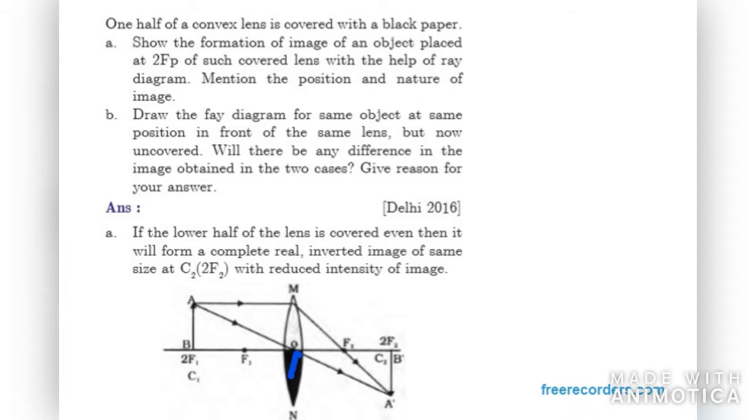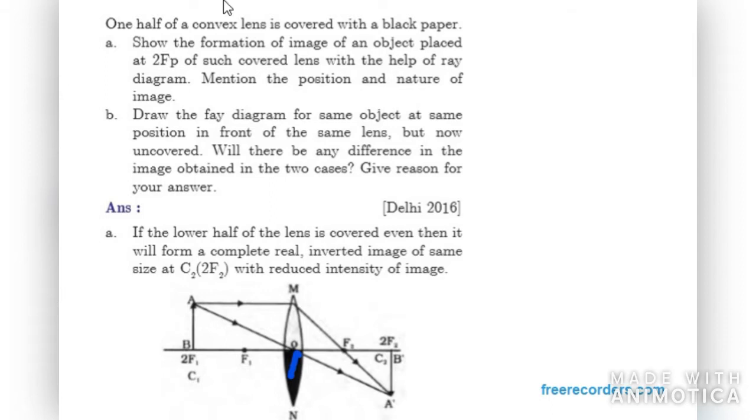So if the lower half of the lens is covered, even then it will form a complete real and inverted image, as there is no role in changing the size of the image. So in this you can see that we get the image at 2f2, but it would reduce the intensity of the image. That's the only problem we can have if we have black paper on one half of the convex lens.